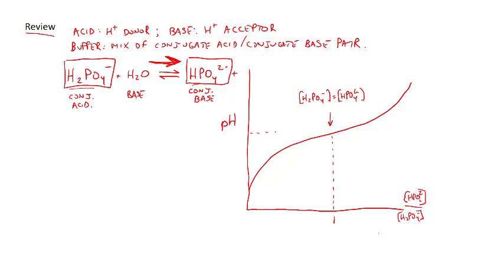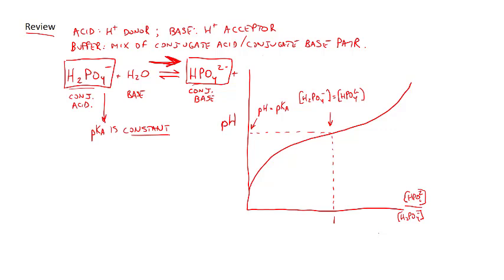And at that point, the pH of our solution is going to be equal to the pKa. So remember, the pKa of a given acid-base pair is a constant under a given set of situations. So the pKa for the phosphate ion that I've given here is around 6.9, right? You don't have to worry about knowing that value.